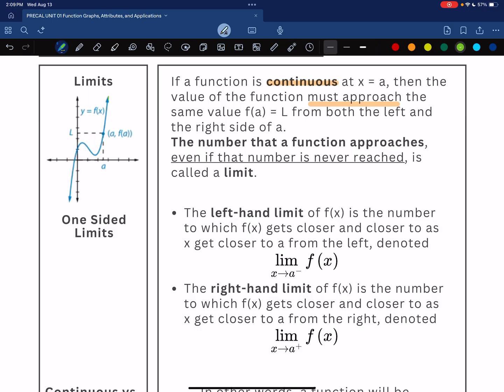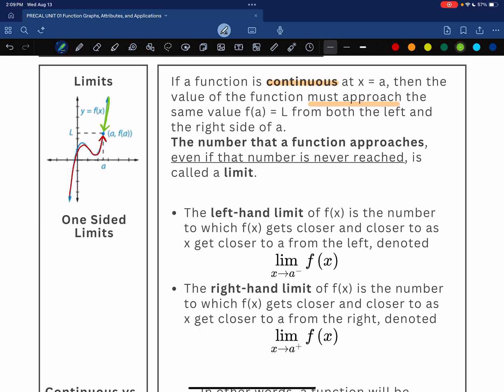Coming from the right, I'm getting close to that height of L, and coming from the left, I'm also getting close to that same height of L.